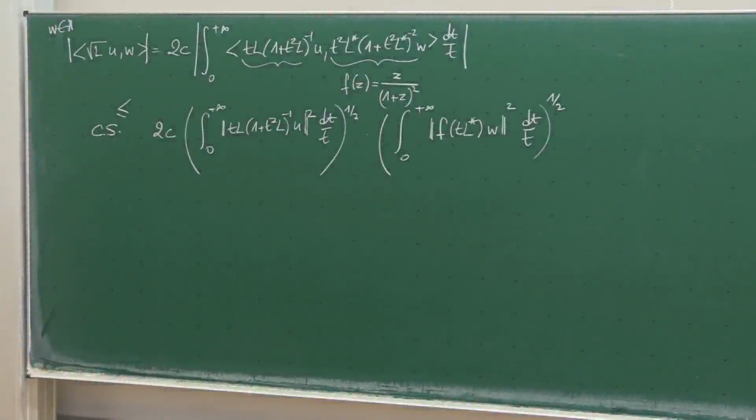Okay? So this is Cauchy-Schwarz for the measure dt over t.